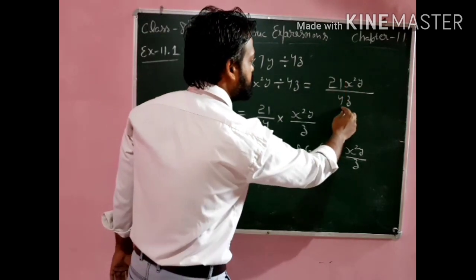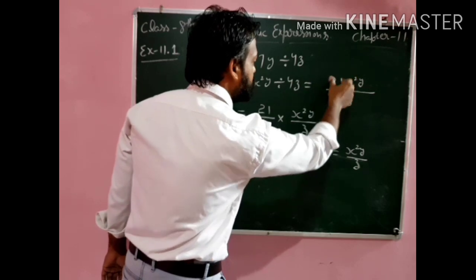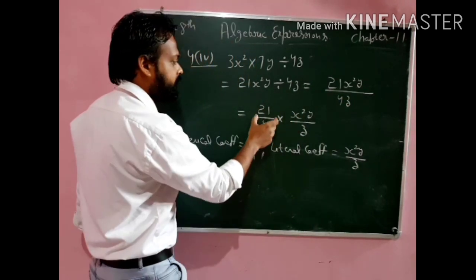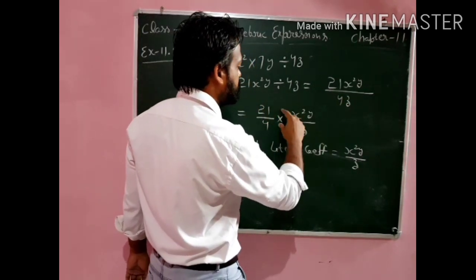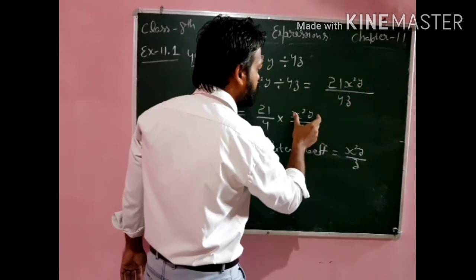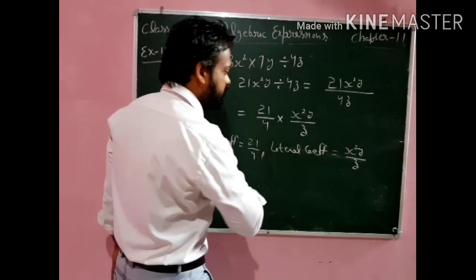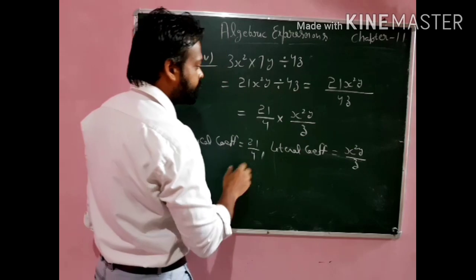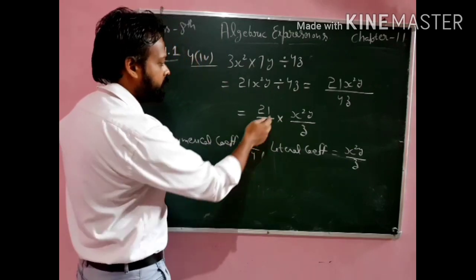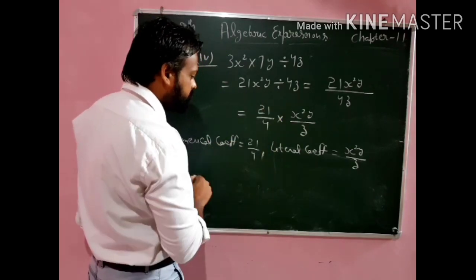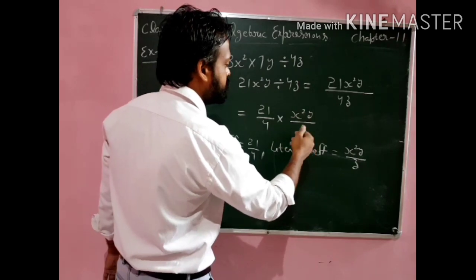Again we separate the numerical values, 21 over 4, and by putting a multiplication sign between them, we write x square y over z, only the variable value. So the numerical coefficient is 21 by 4 and the literal coefficient is x square y over z.